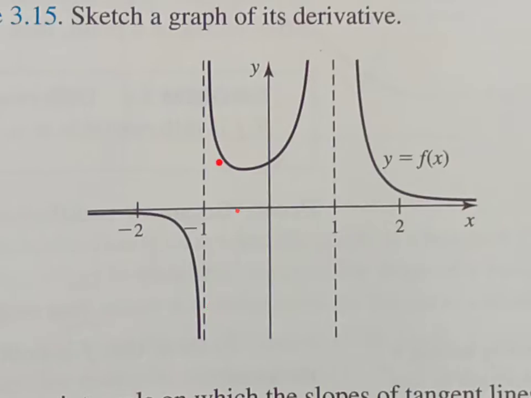And then as we get closer, it's getting closer and closer to 0. It's super steep, and then it starts slowing way up.